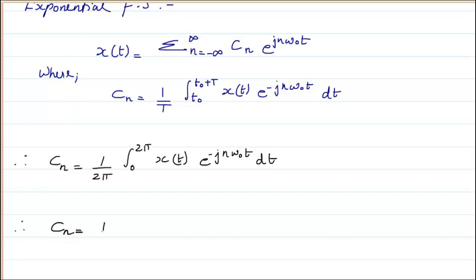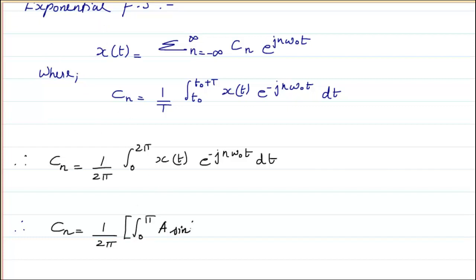Cn can be written as 1 by 2 pi, and now x of t has two values. One is from 0 to pi, and in that case the value is A sine t, correct?